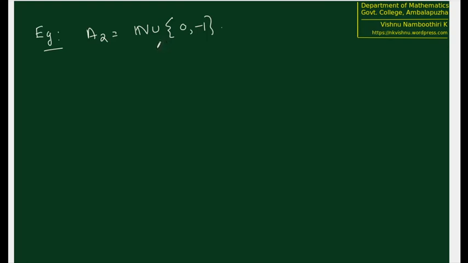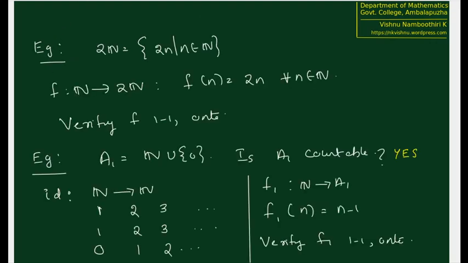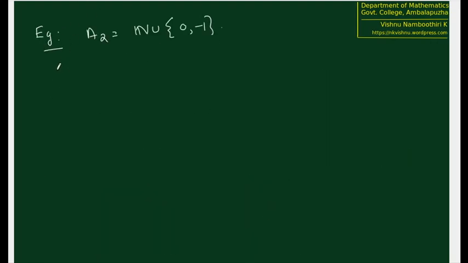How do we define a 1-1 onto function from N to this? Given the previous function, now it's going to be somewhat easy. Consider the previous function, which we called f1. F1 we defined as 1 to 0, 2 to 1, 3 to 2, 4 to 3, etc. This is what the range of f1 is.